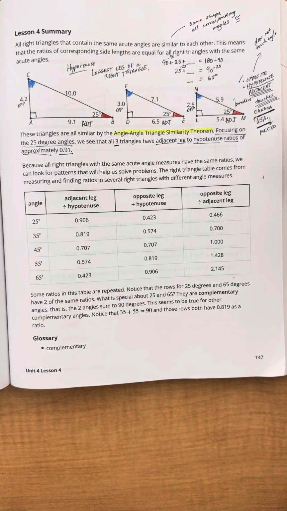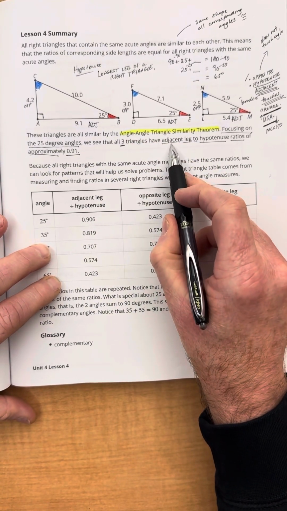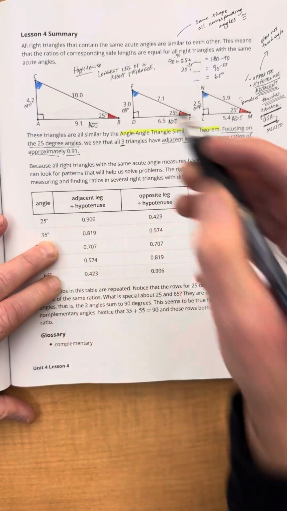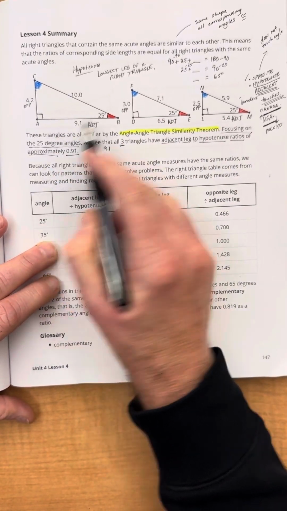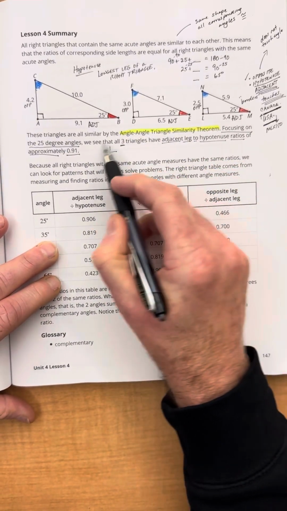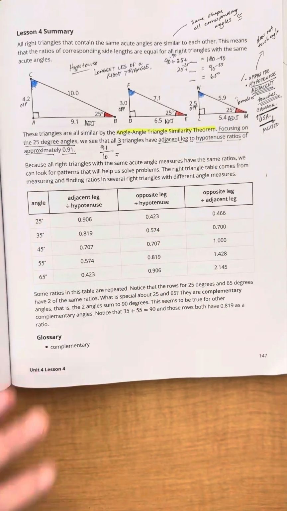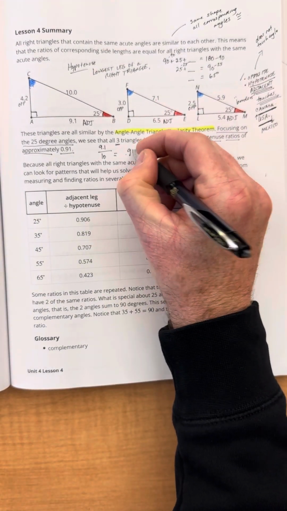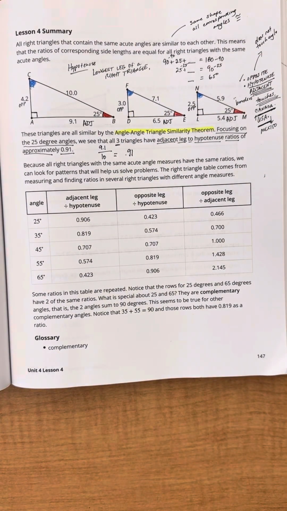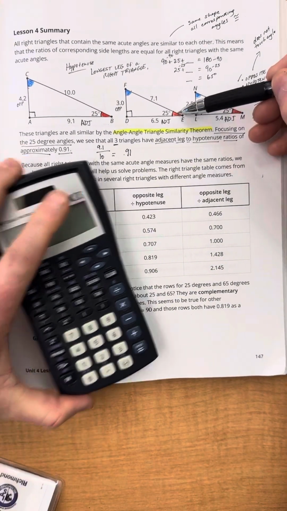What the heck does that mean? So that means that adjacent, 9.1 in this one, divided by 10 equals 0.91. Let's look at this one.